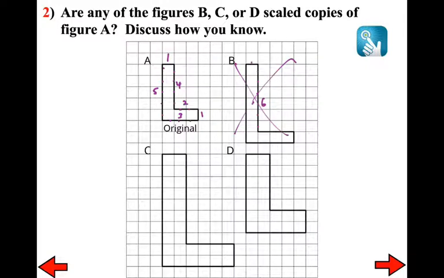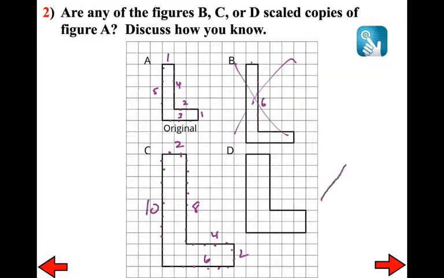So now let's check figure C. This is 2. 1, 2, 3, 4, 5, 6, 7, 8. 1, 2, 3, 4. 1, 2. 1, 2, 3, 4, 5, 6. And 1, 2, 3, 4, 5, 6, 7, 8, 9, 10.